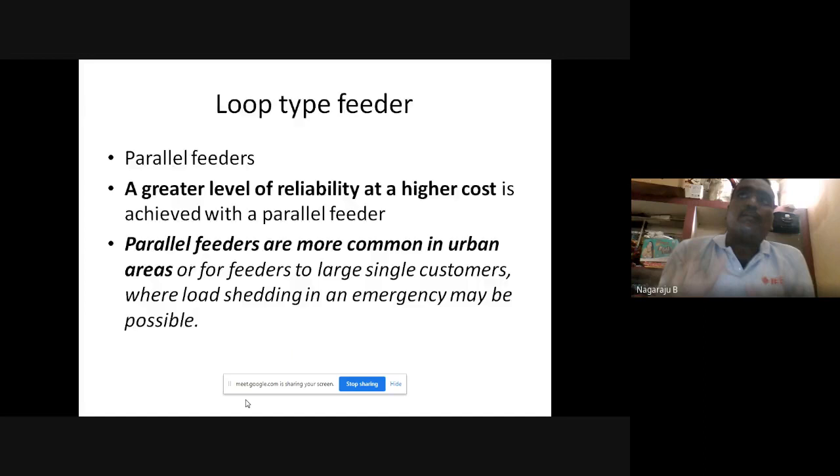And the loop type of feeder is nothing but a parallel feeder, which has a greater level of reliability at a higher cost, and more flexibility to use.